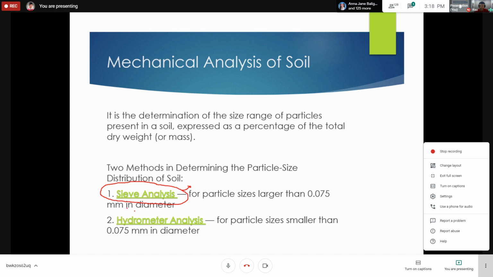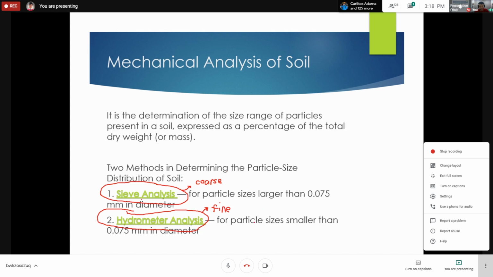And the second one is for the fine particles, the hydrometer analysis. So two experiments under one chapter. So again, for coarse materials, you have your sieve analysis. And then for fine particles, you have your hydrometer analysis.